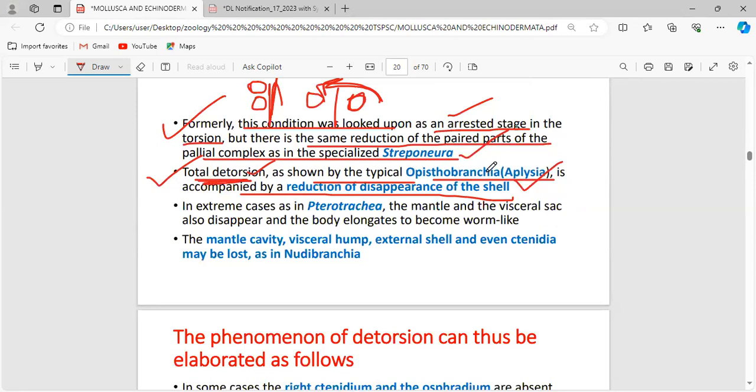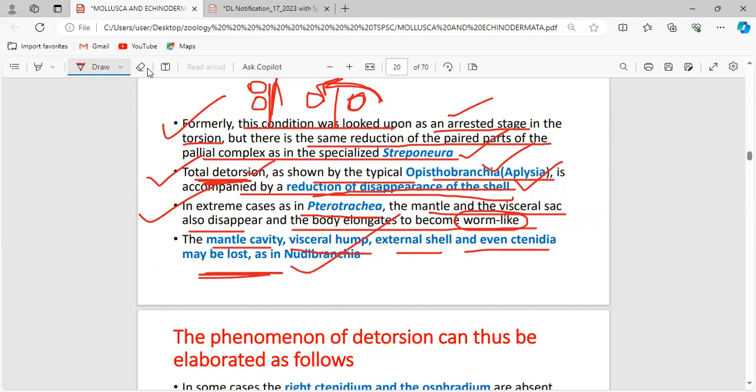In extreme cases, in the pterotracheae, the mantle and the visceral sac also disappear. The body elongates to become worm-like. Clear? The mantle cavity, visceral hump, external shell, even ctenidia may be lost in the case of nudibranchia.